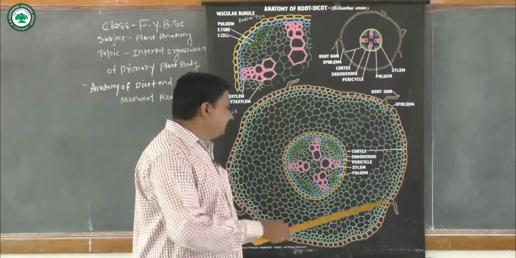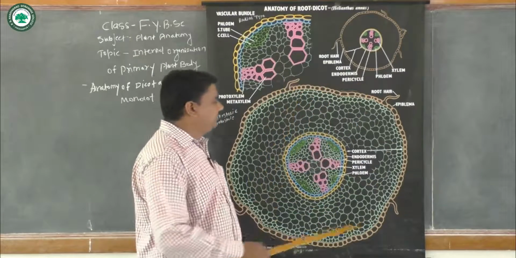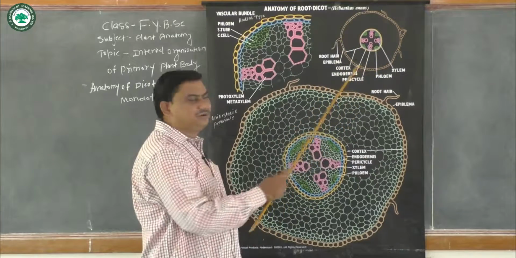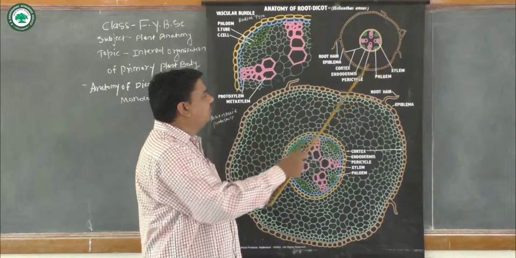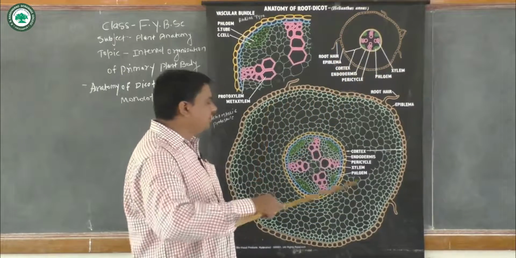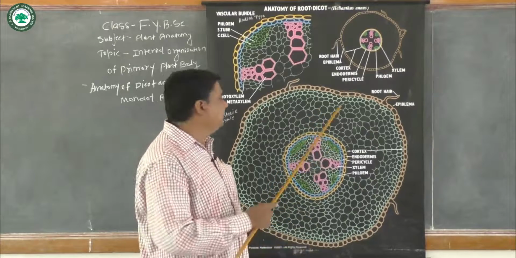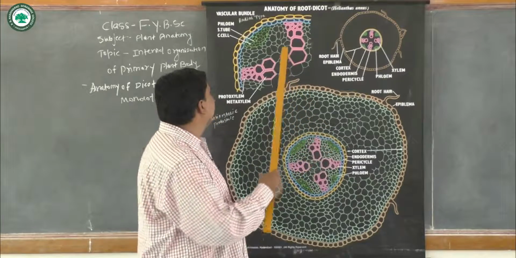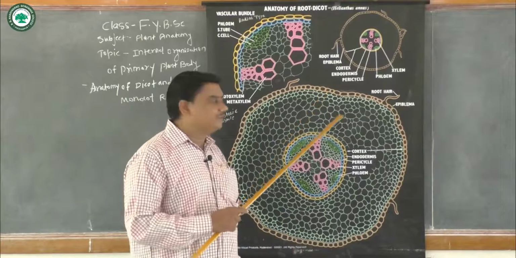Look here at the chart, there are figures on the chart. This one is the sector view of the root, this one is the ground plan of the root, and this one is the vascular bundle of the root. The sector view shows the detail of the root structure.